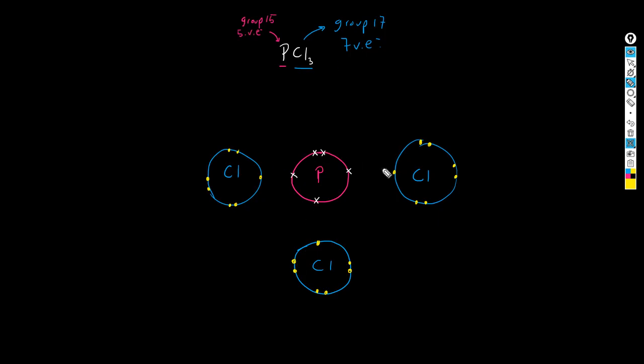Now that we have this, we can start putting together the structure, right? If there's something you remember from honors chemistry, you should remember that if we have electrons that are not paired up, and let's use a different color here, we'll use green, those are the electrons that are going to create the bonds. So we're going to create a bond here, a bond here between these unpaired electrons.